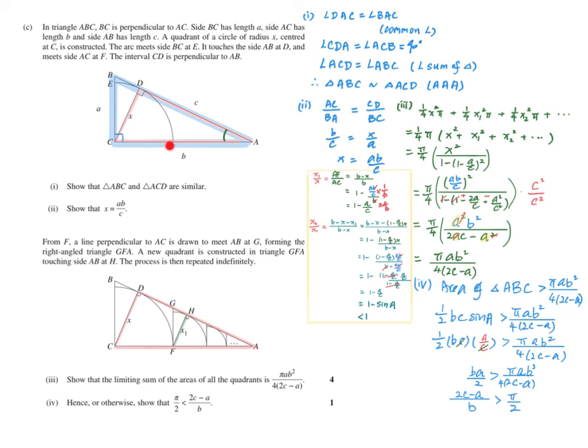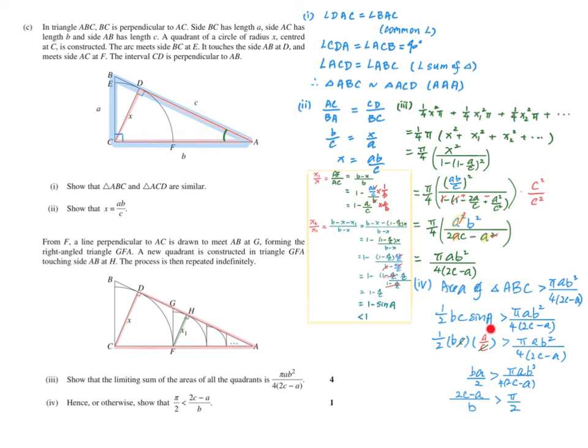Area of a triangle ABC in specific should be equal to 1 over 2 times the product of any two sides times the sine of the included angle. So here we have 1 over 2 BC sine A should be greater than the area of all the quadrants.